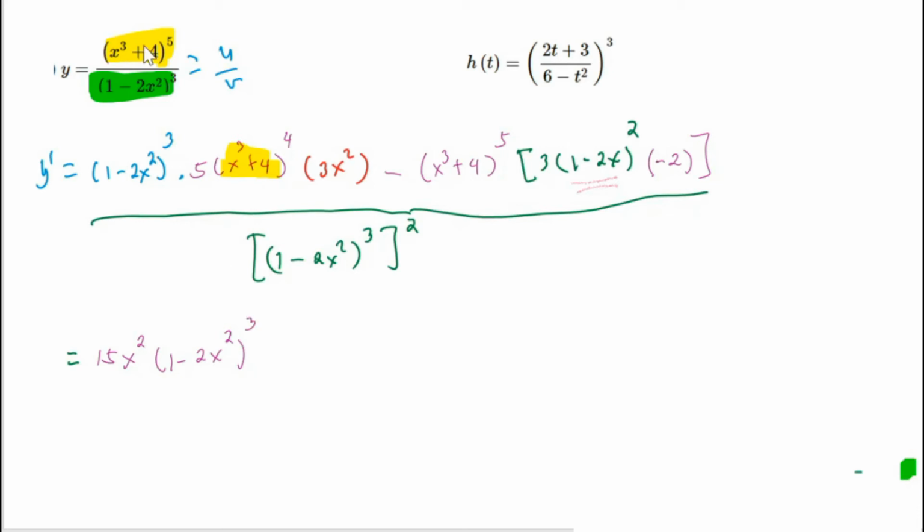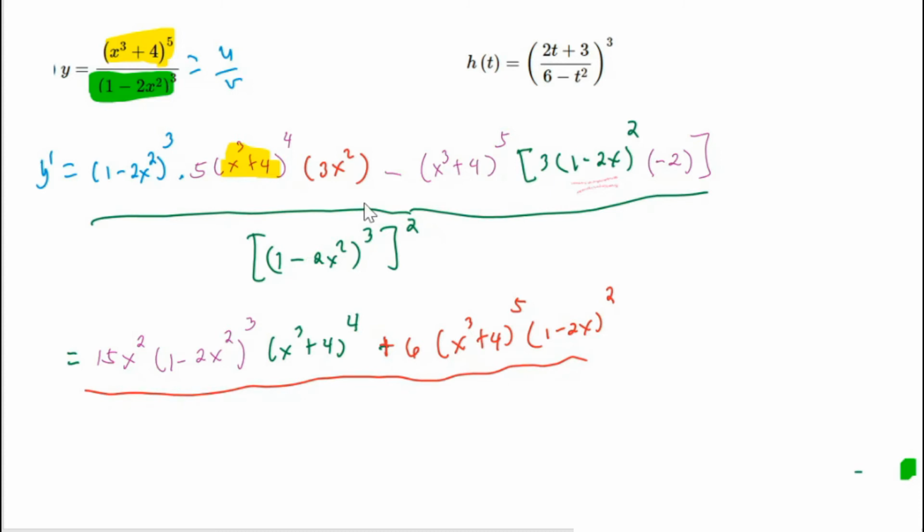And the next one we have x cubed plus 4 to the power of 4, minus, I'll multiply this one first, 3 times negative 2, so we have negative 6 times negative, it becomes positive 6 times, copy the next binomial, x cubed plus 4 to the power of 5 times the next one, 1 minus 2x to the power of 2, all over.